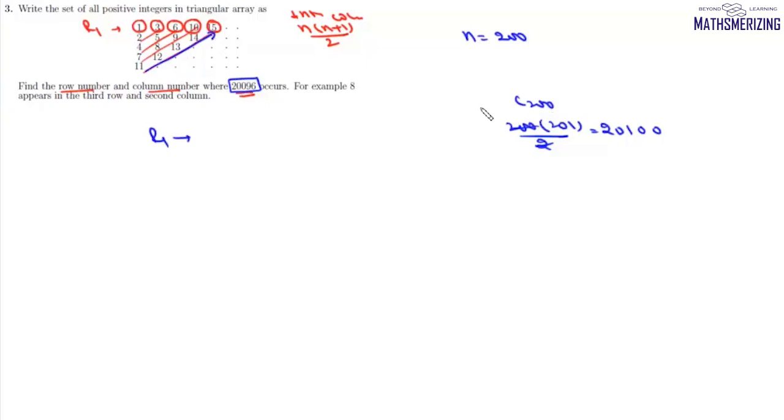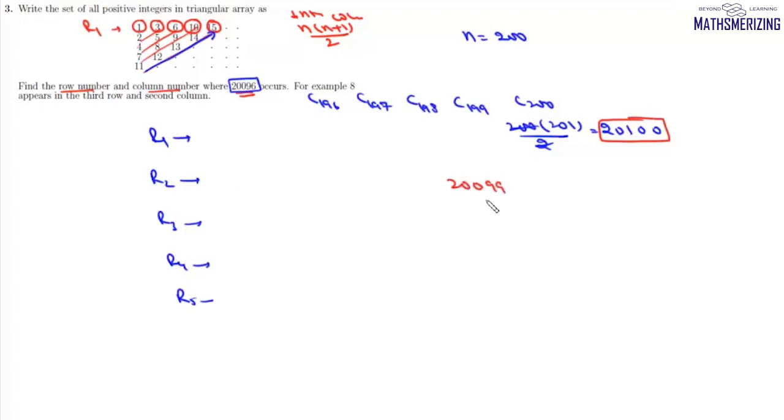Now we know that numbers move in this progression. So this is C200, then 199, 198, 197, 196, and this is R1, R2, R3, R4 and R5. So at R1 C200 the number is 20100. Now at R2 C199 the number will be 20099.